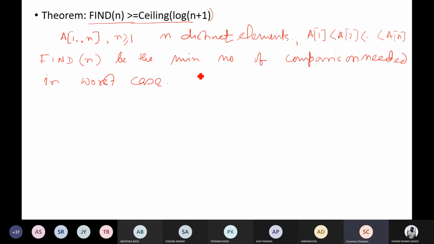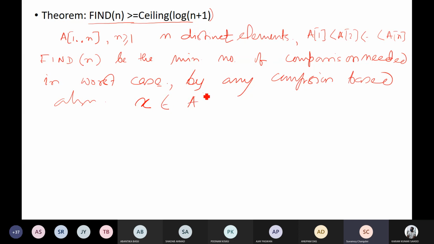Let find(n) be the minimum number of comparisons needed in the worst case by any comparison based algorithm to recognize whether x belongs to A or not.